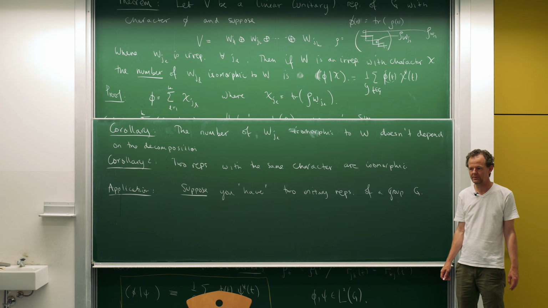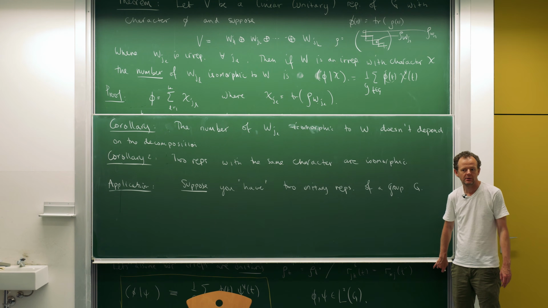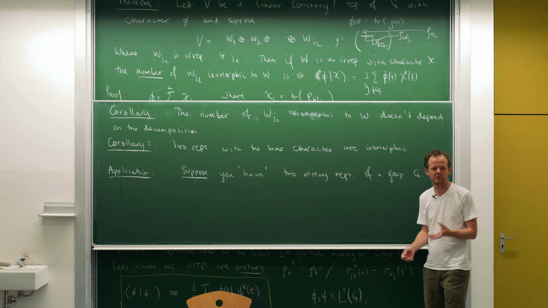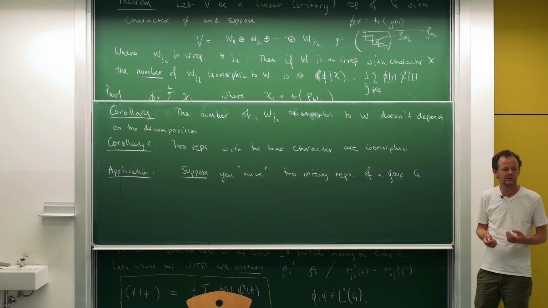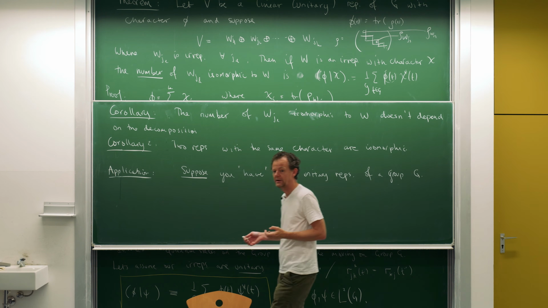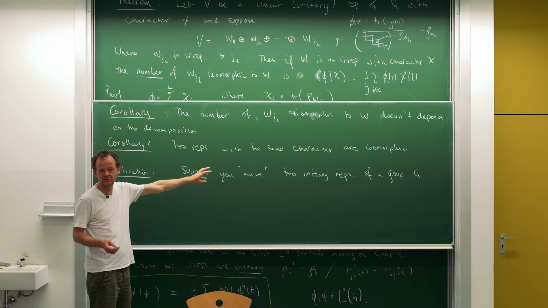So this could happen to you at any point when you're going through physics now. You have some physical system, a crystal. You have some other physical system, the hydrogen atom. And they both have symmetry groups. And you have some representations of these symmetry groups.